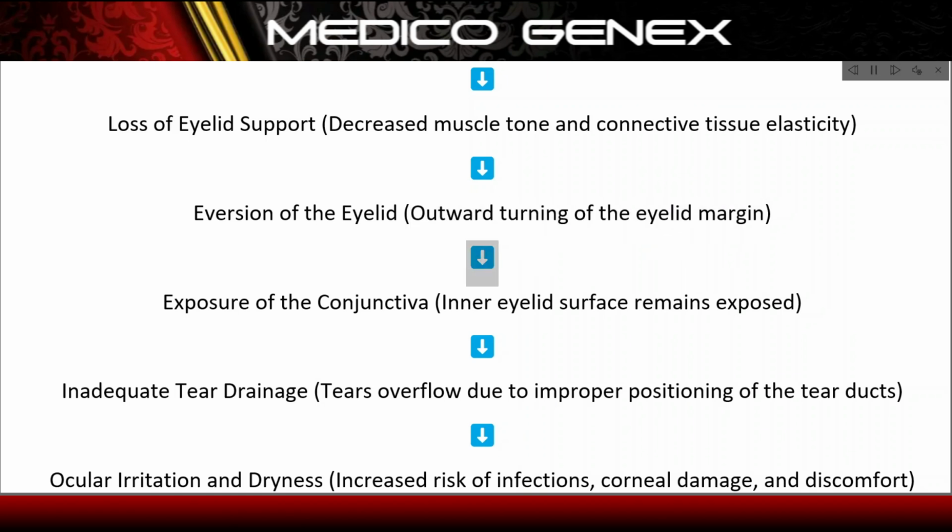Exposure of the conjunctiva, inner eyelid surface remains exposed. Inadequate tear drainage, tears overflow due to improper positioning of the tear ducts. Finally, ocular irritation and dryness, increased risk of infections, corneal damage, and discomfort.